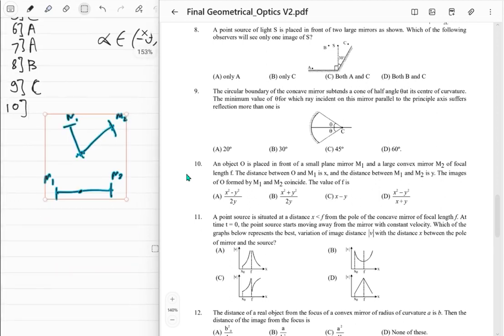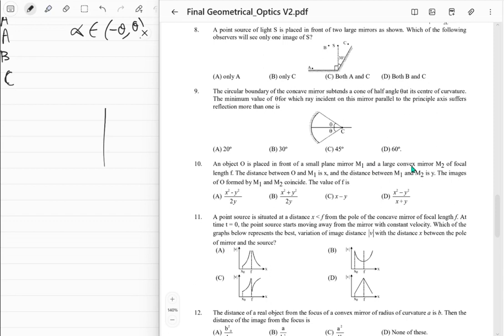What you are saying is M1 is a plane mirror. Wait, a small plane mirror M1 and a large convex mirror M2 of focal length F. Why should it be large?